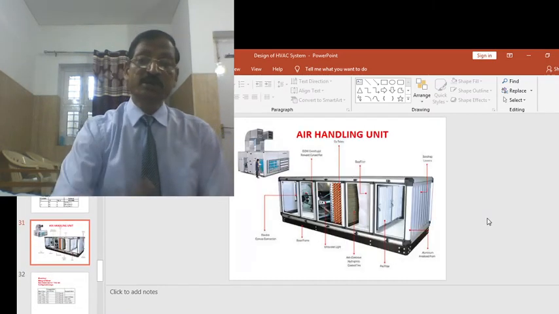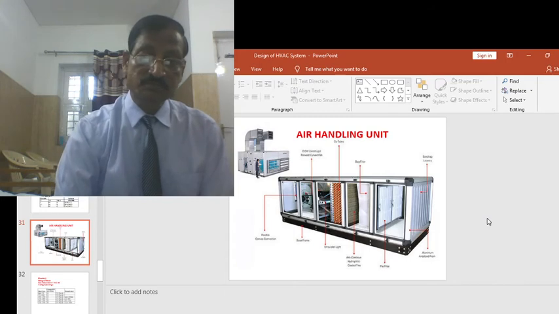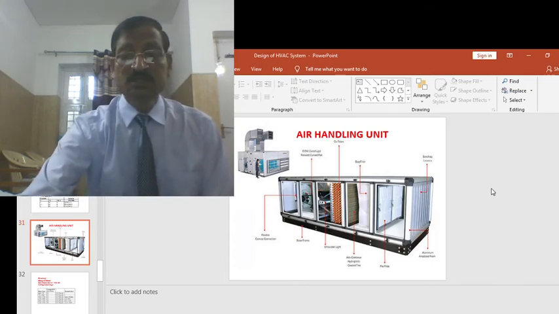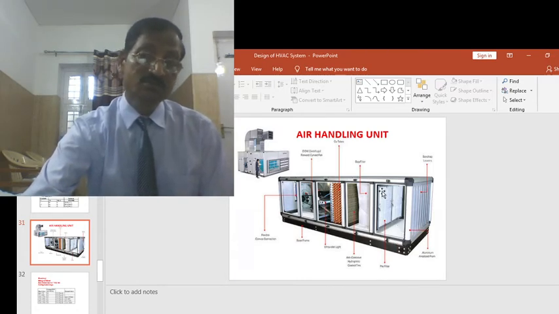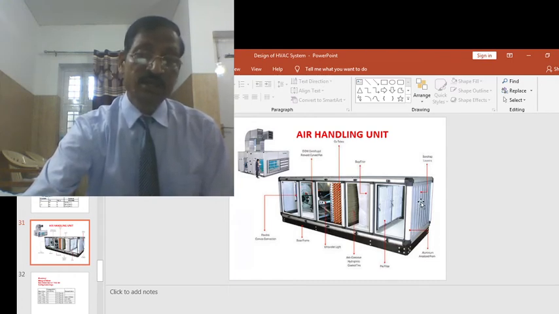This is one of the typical air handling units. This is your pre-filter section, then your microwave filters, or sometimes we have some charcoal filters, and this is a cooling coil. The air after filtration comes passing through the cooling coil. This cooling coil may be 4 rows, 6 rows, 8 rows as per the design.